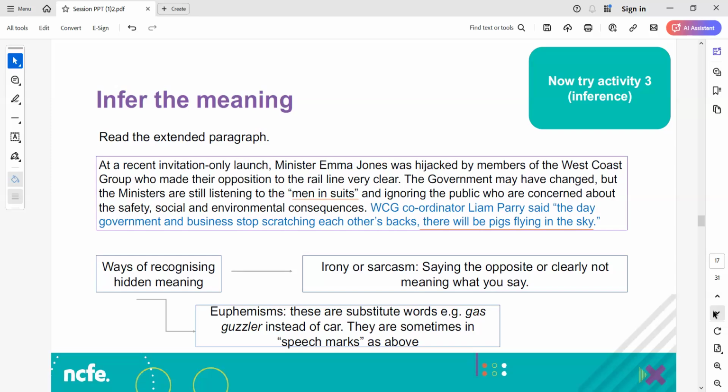And if we look at an example of that, we can see there will be pigs flying in the sky. It's a saying, isn't it, that means that it's never going to happen, because we know that pigs will never fly in the sky. So saying it'll happen when pigs fly means that it's never going to happen. So Liam Parry is saying that the government and businesses will never stop scratching each other's backs.